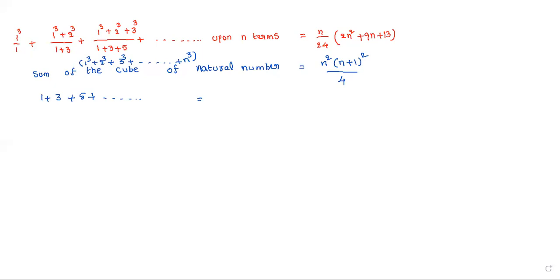Or in AP, a is equal to the first term 1, common difference is 2. Sum of n terms formula is n by 2 into 2a plus n minus 1 into d. N by 2, 2 into a value 1, n minus 1, d value 2.